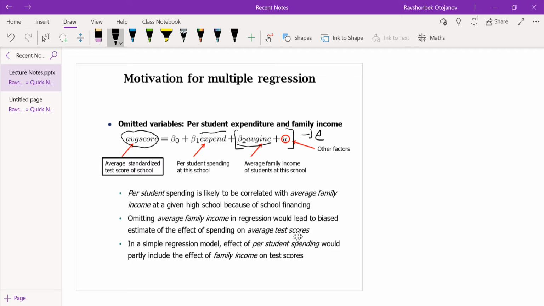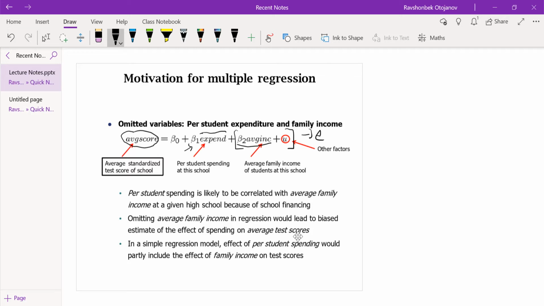If that's the case, and we don't include the average income in the model explicitly, we would expect beta 1 to be biased. So average income would have been an omitted variable, and we would have omitted variable bias here. But fortunately, we can measure the average income per family in the district, for example, and then include it explicitly in the model.